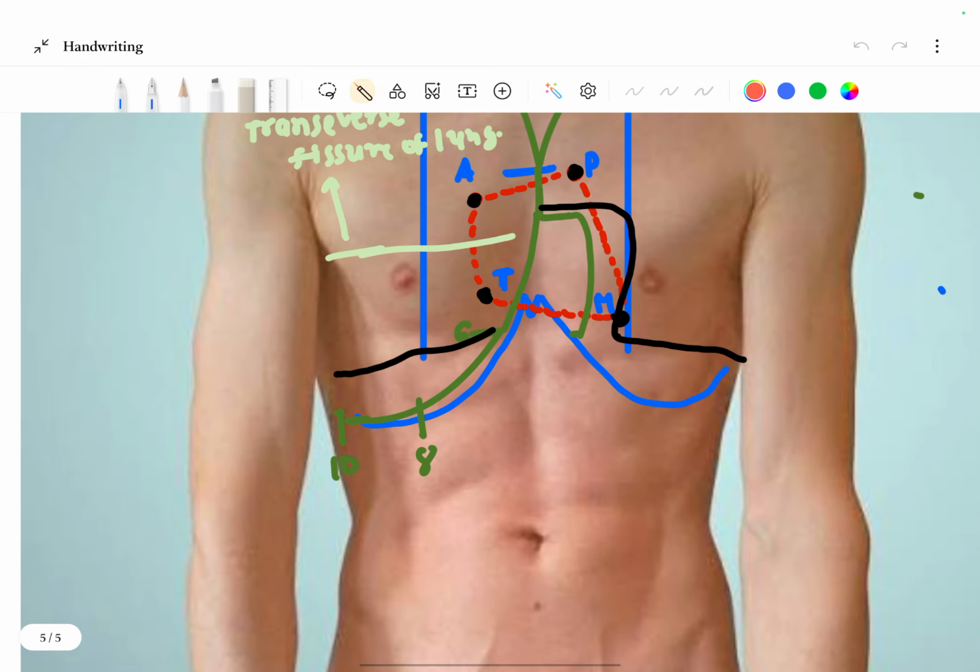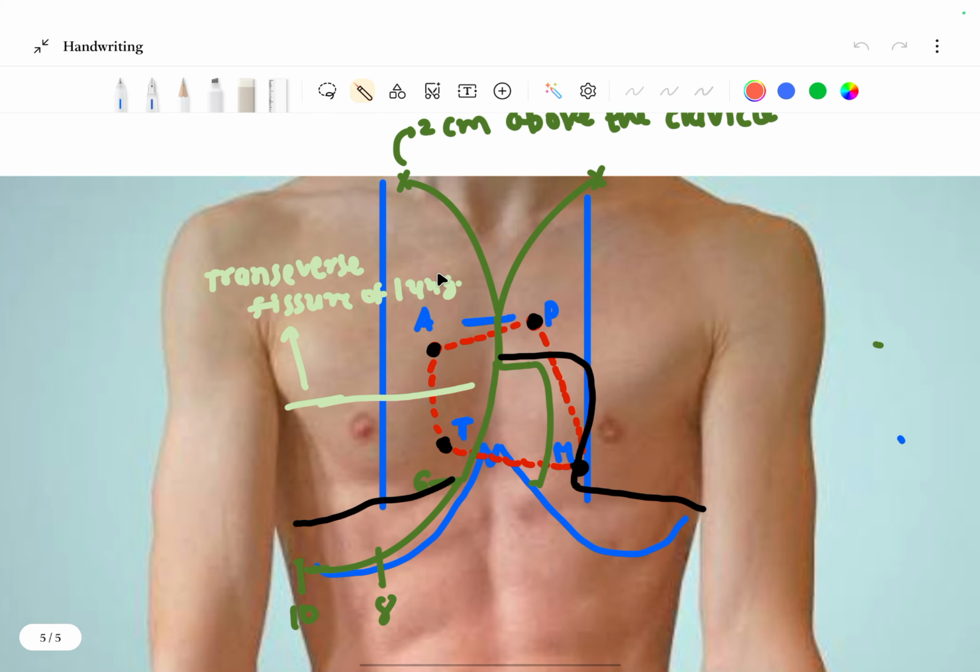Now, in the mid axillary line, it goes laterally, but it slightly descends downward. Clear? I will repeat it again. Apex is clear.